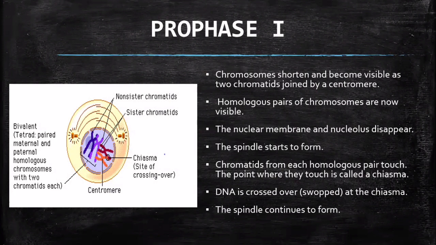And then homologous pairs of chromosomes are now visible. I explained what homologous means, but let me repeat. Looking at your diagram, you see these two chromosomes, 1 and 2, form a homologous pair. Why? This chromosome and this chromosome are of the same size. You can see they're both long.